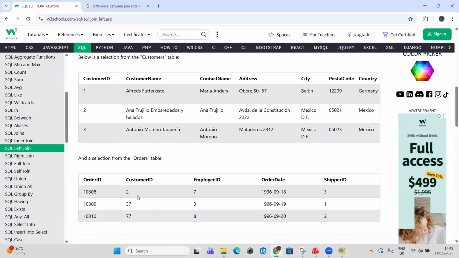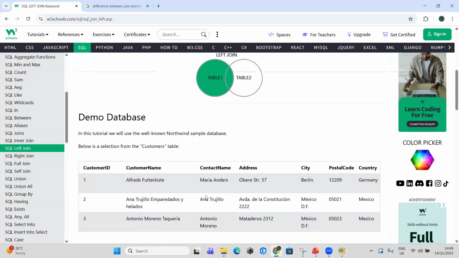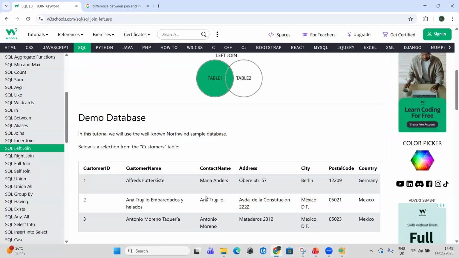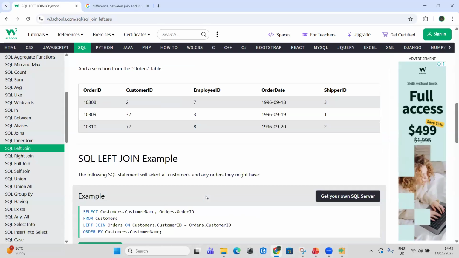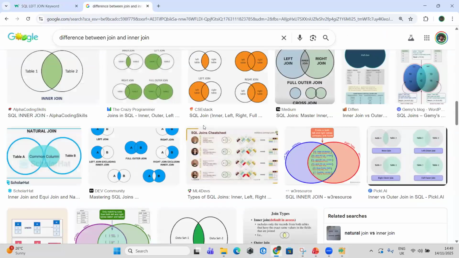So first you look for a common column, customer ID as common. Now you want that when you perform this join, it is very difficult for me to explain.